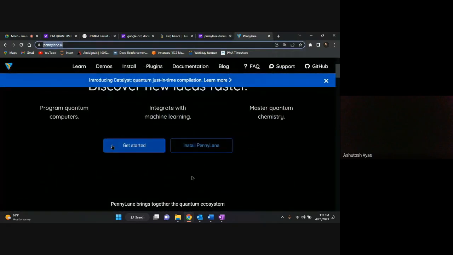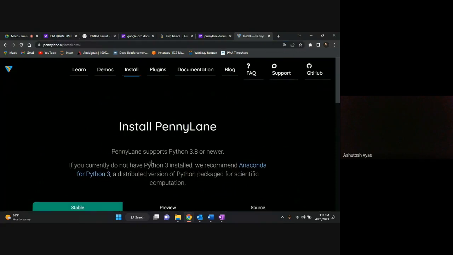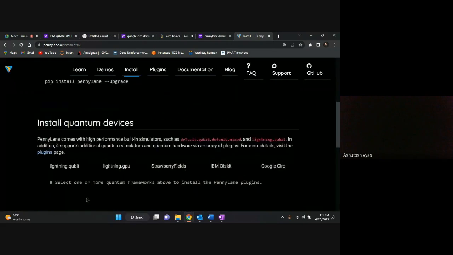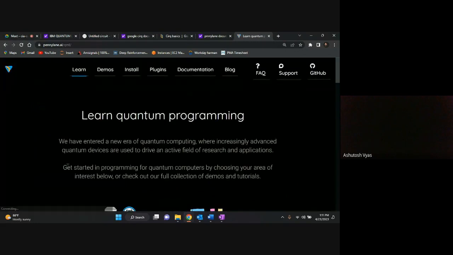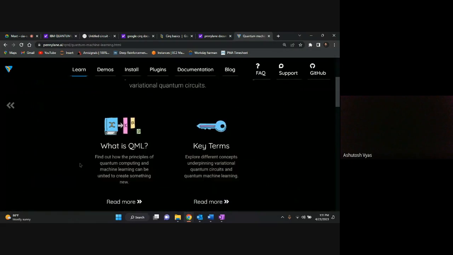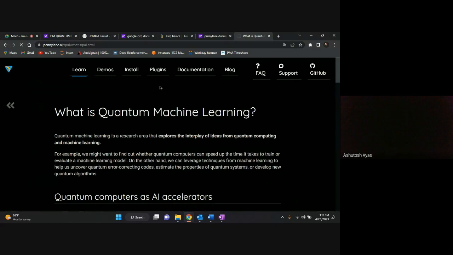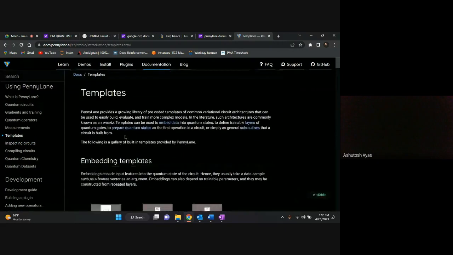So if I just click on install, if you see, templates and embedding templates are there.